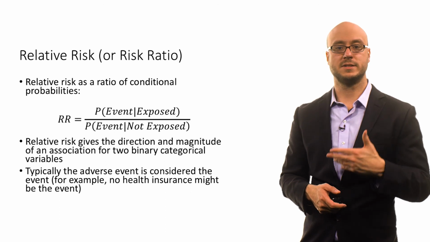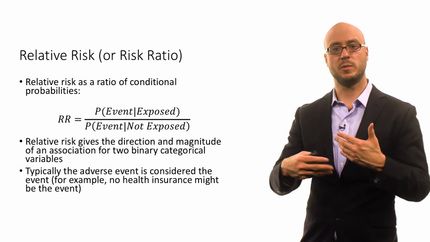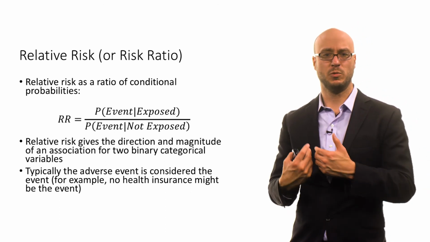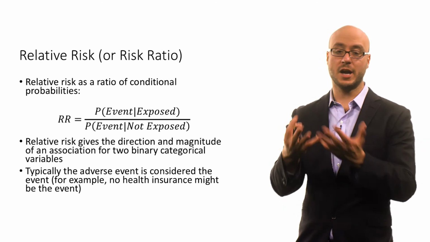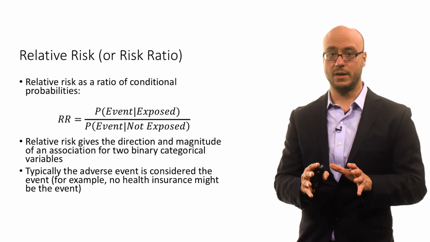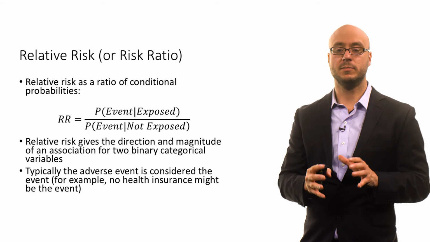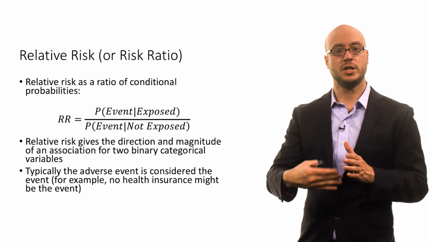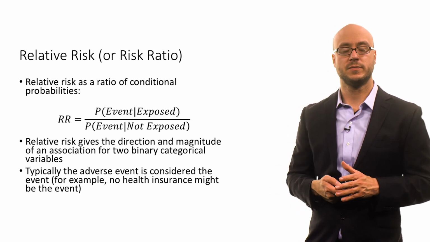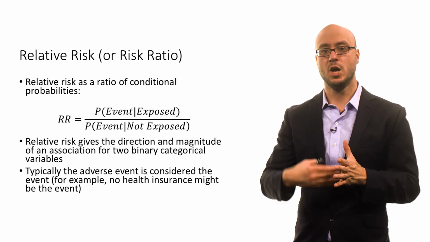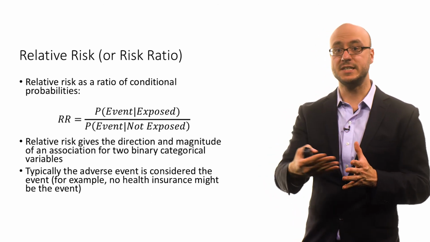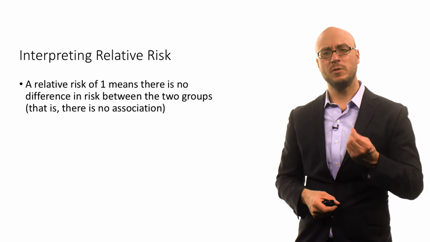So typically, we're interested in no health insurance, or that's why we call it a risk ratio, because we want to find what's the risk of getting the disease, what's the risk of not graduating from college. It doesn't have to be set up that way, but that's typically how people use the relative risk or risk ratio. That's because it comes out of medicine, where people are interested in what's the relative risk of having a disease given some exposure.